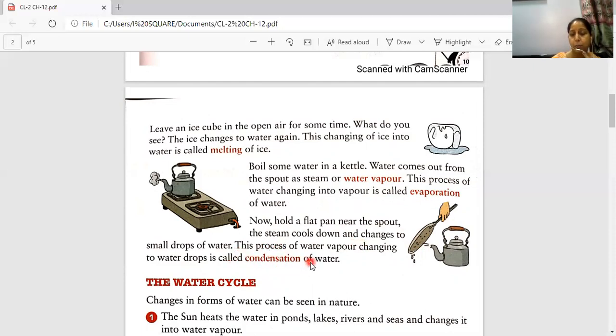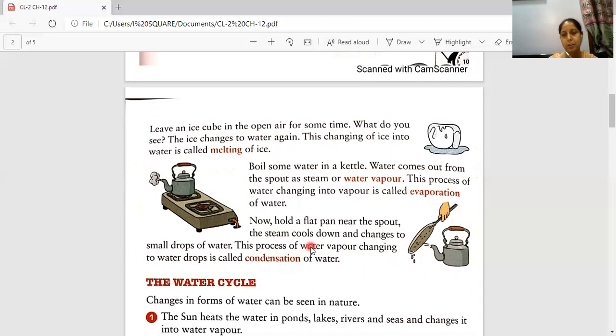Condensation happens by the method of cooling, and water vapor comes by the method of heating. When we heat anything and it evaporates, that process is known as evaporation. And when something is heated and then it cools down and the vapor changes into water droplets, it is known as condensation.